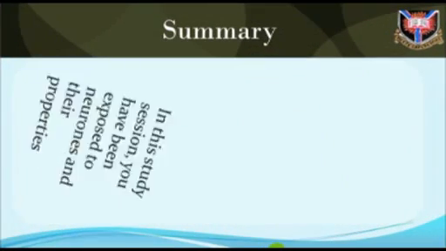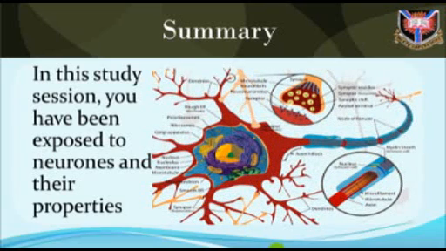Study session summary. In this study session, you are exposed to neurons. Neurons are cells organized to form complex networks that perform the functions of the nervous system. Dendrites are short, thin, highly branched cytoplasmic extensions of a neuron.